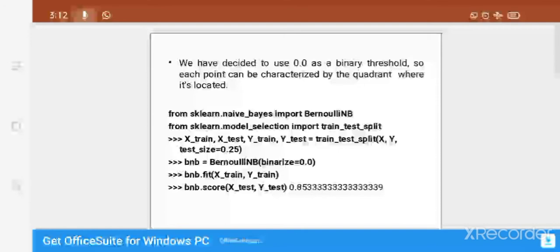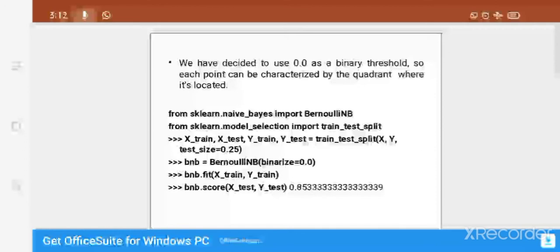From sklearn we are importing the Bernoulli Naive Bayes classifier. From that we are selecting the train_test_split to split the dataset into training and testing. For testing we are using only 25% of the whole dataset.